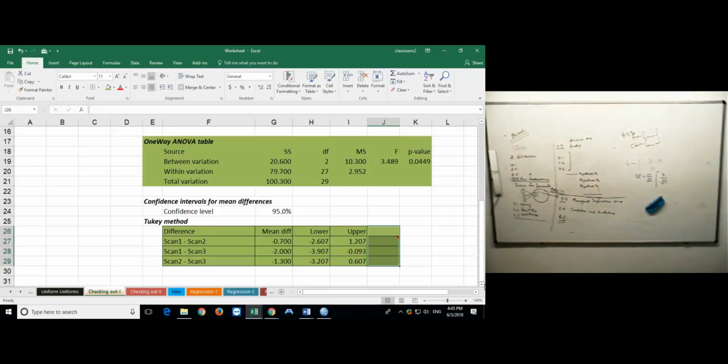You will see lower and upper. Whenever your lower and upper have a different sign, then the difference is not significant. You must be thinking how?